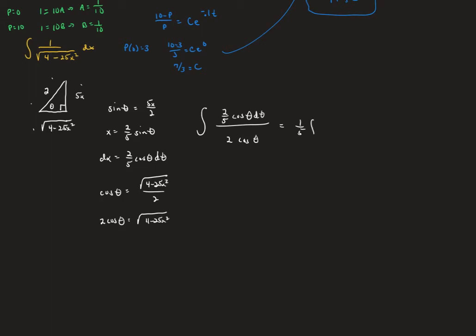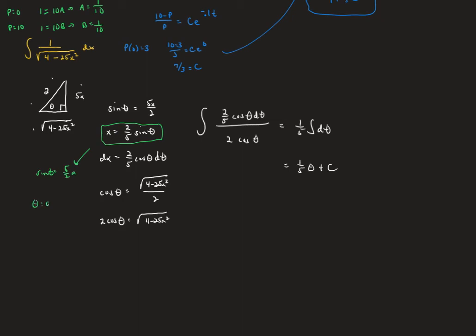So we'll get 1/5 times the integral of d theta. So that's going to be 1/5 theta plus c. We want to go back to the x's. So looking here, we can see that sine theta is going to be 5/2 x.